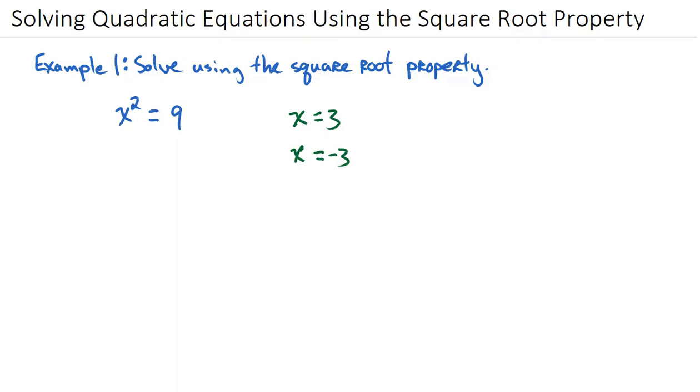And the way you undo squaring is by square rooting, because you're always using the opposite operation to cancel out the operation that is there. So I'm going to square root the left side because I want to undo the square. I'm also going to square root the right side because whatever I do to the left, I have to also do to the right. Now when I do that, I get x equal to 3.